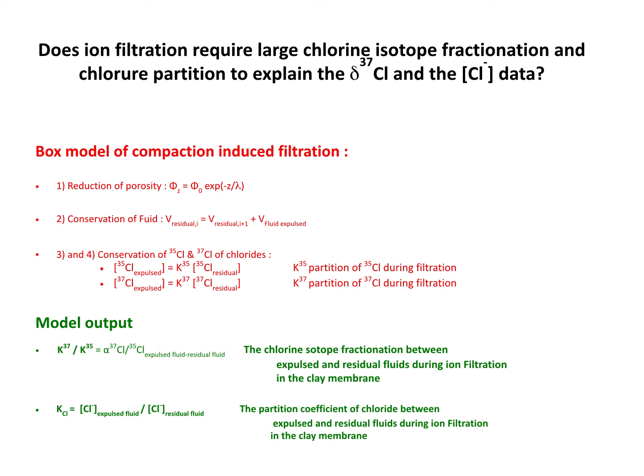This model makes it possible to estimate the value of the isotope fractionation during filtration, necessary to explain the decrease of the delta 37 chlorine, and the value of the partition coefficient of chloride necessary to explain the evolution of chlorinity.